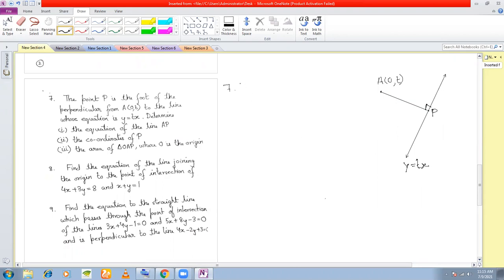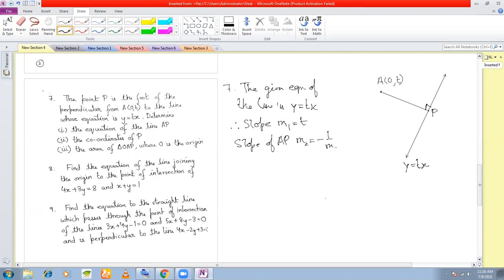AP. The given equation of the line is y is equal to tx. So therefore, what is the slope of this line? t. So what is the slope of AP? Because AP is perpendicular, slope of AP will be negative reciprocal, minus 1 by t. Now, if you know the slope of this line AP and you know one point on this line, what should be the equation of this line?